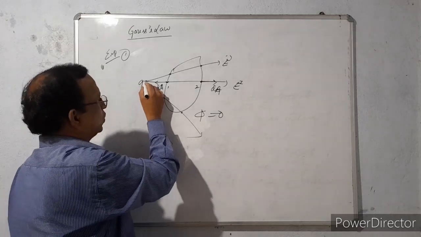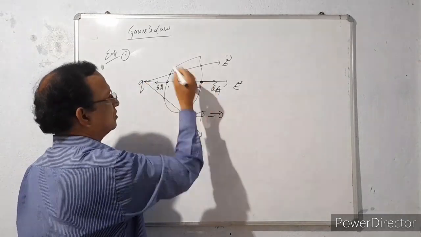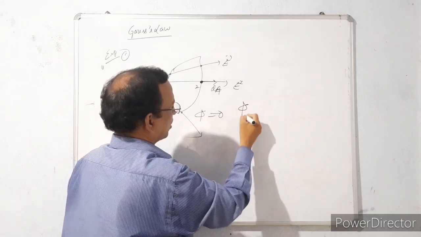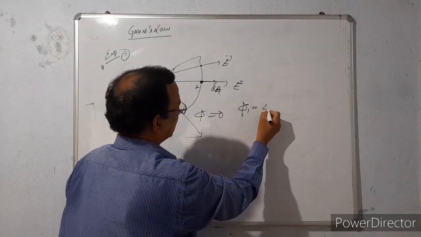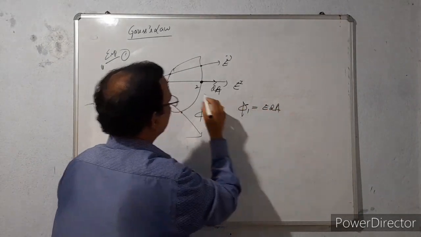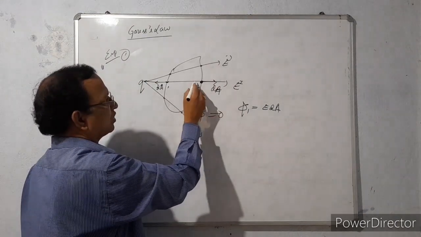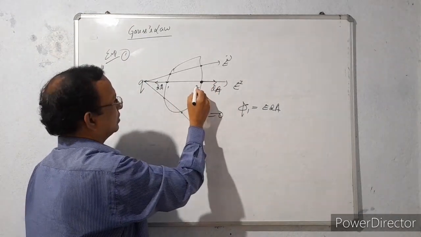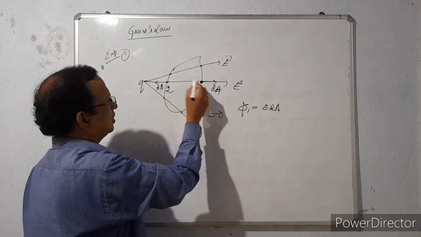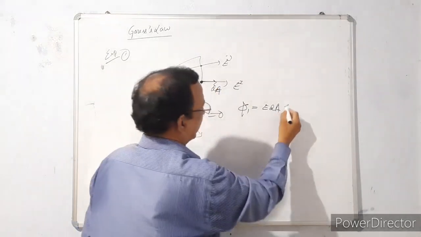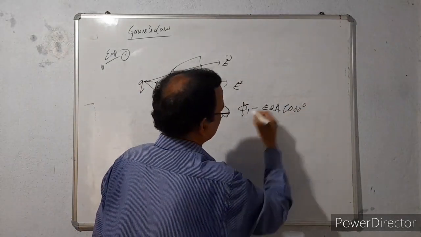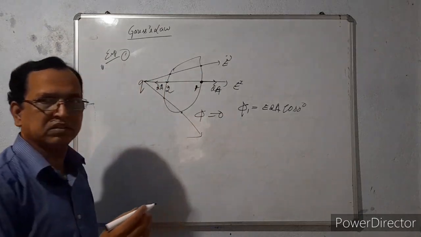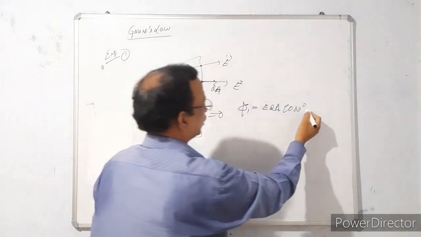From charge Q at this position, suppose flux is equal to E dA. Here E and dA are both in the same direction. This is 1, this is 2. Both in one direction means E dA cos 0 degree. Cos 0 is 1.